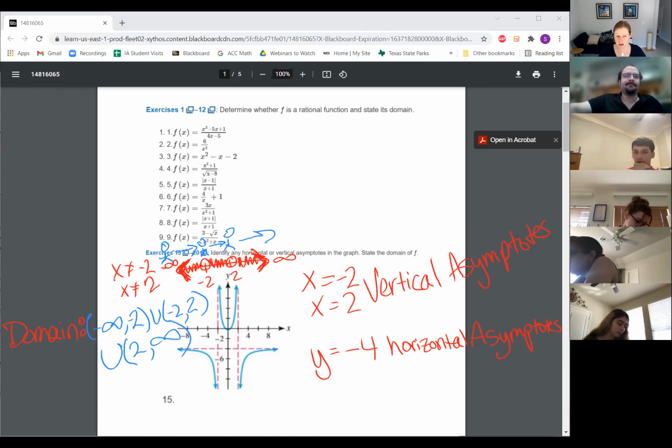That's why on our number line, there's more places that X cannot be. So we have to write more pieces. How come on the other ones we didn't shade in the middle? We didn't shade in the middle because X couldn't be those numbers. You're talking about number 9. Yeah. Okay.